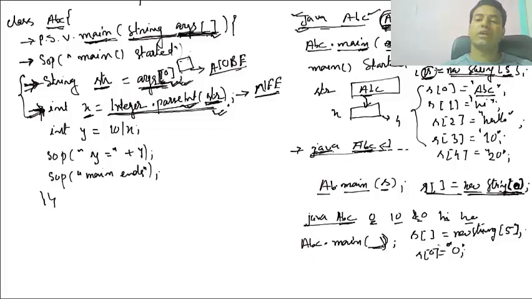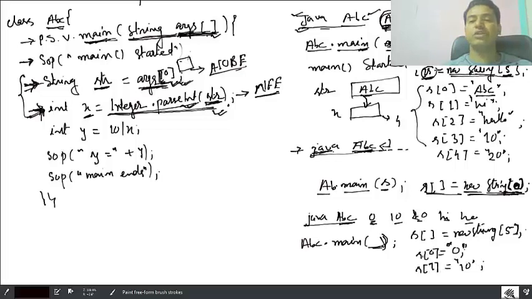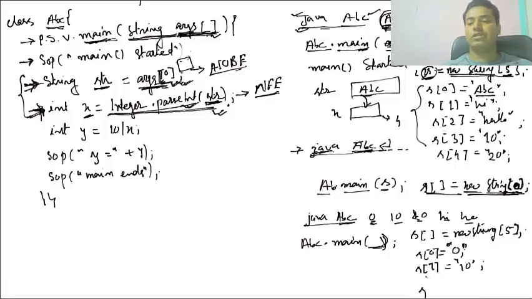Whatever value you give from the command prompt is by default considered a string value, so I am writing it here in double quotes, this is "0". And s of 1 stores "10", 10 again is of type string. S of 2 is, say, what you have given, "20", and like this the remaining 2 also store. And after that JVM calls the ABC dot main method with s.